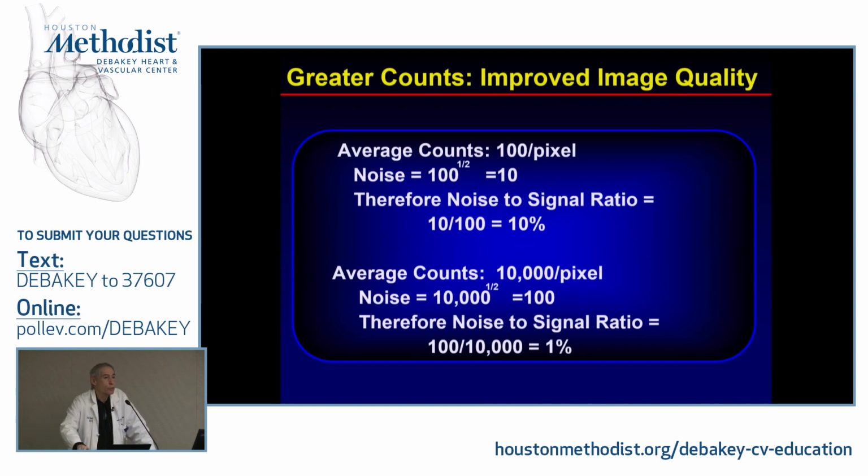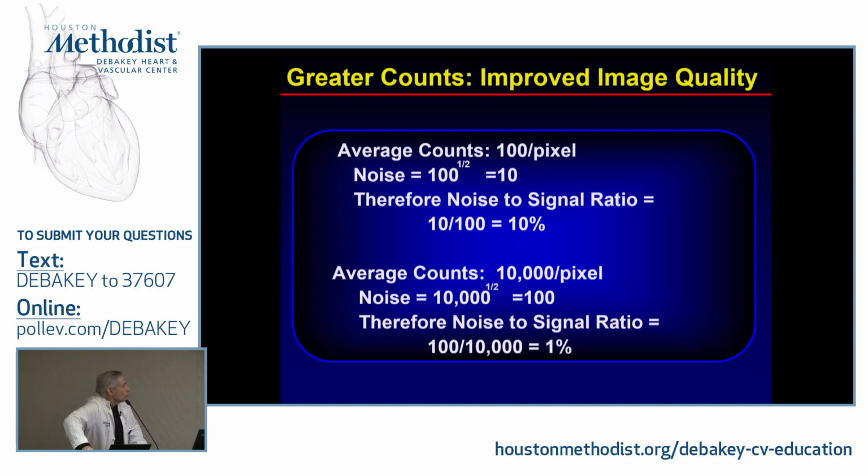The other concept is noise. Noise is always an issue in all techniques, whether it be CT or nuclear imaging, all of our techniques have noise. And in the SPECT world and in the CT world, noise reduction is really going to depend a lot on how many photons you actually accept.